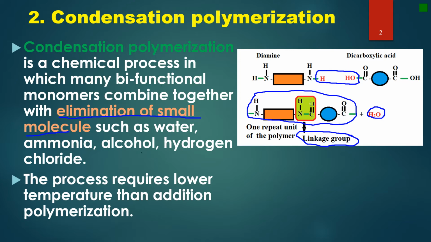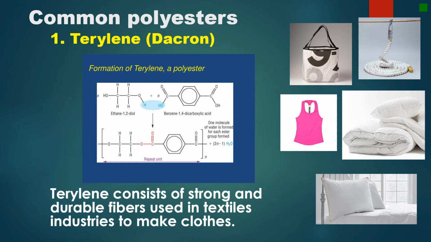This does not require a lot of heat, while for addition polymerization, a lot of heat is required to break the double bond so that the polymerization can take place, and we need also heat to form radicals that initiate the polymerization. Let us now see what are the common condensation polymers.